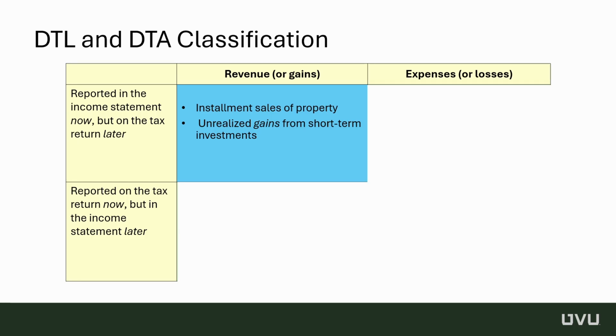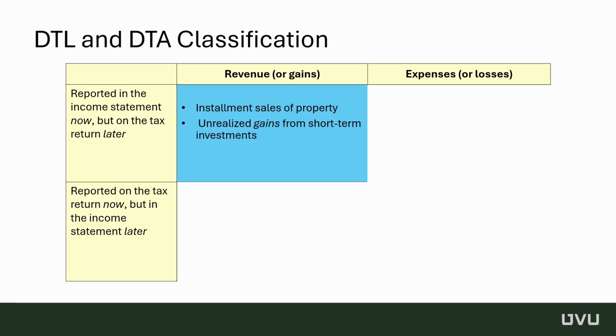In this same category, we've got unrealized gains from short-term investments. If a company holds trading securities and they go up in value, that will result in a gain being properly recognized on the income statement, increasing reported net income for the period. But for tax purposes, gains from investments like these are not taxed until the investment is actually sold and the gain is realized.